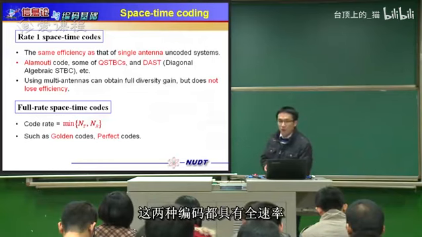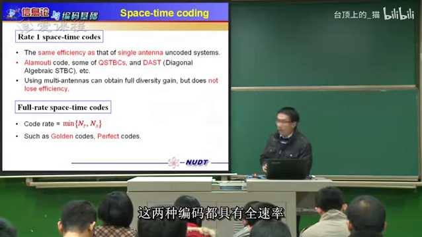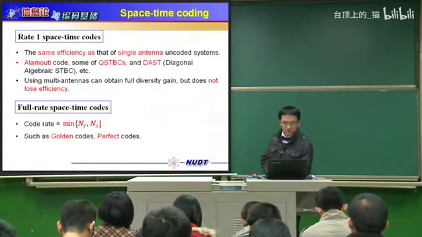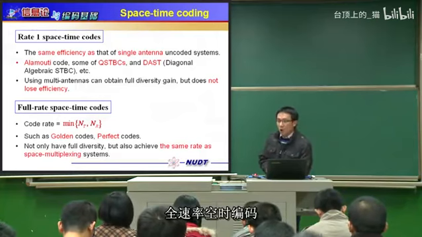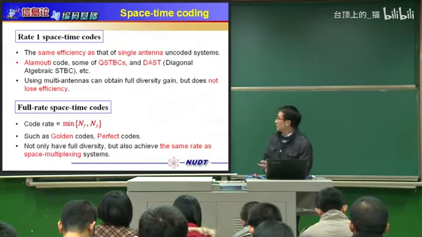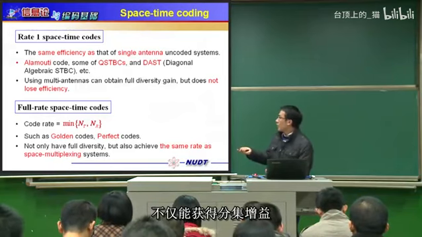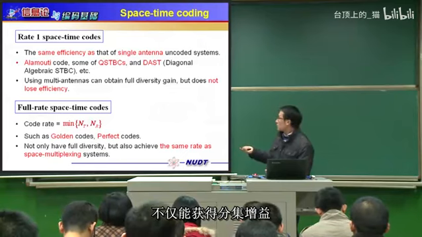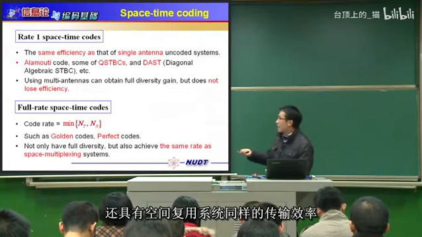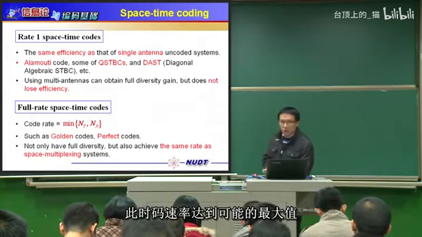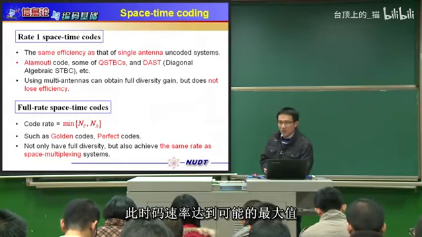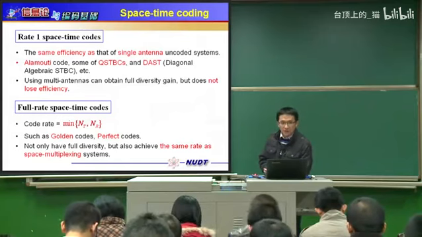These two kinds of space-time codes have full rate. Full-rate space-time codes not only have full diversity and some coding gain, but also achieve the same rate as a spatial multiplexing system. So such codes have the highest code rate.